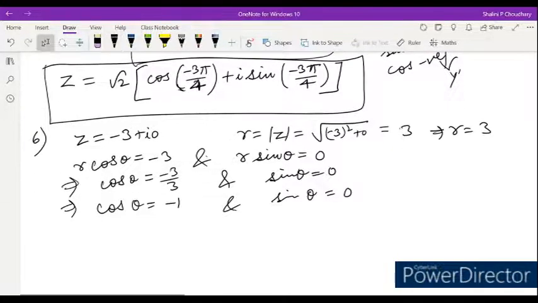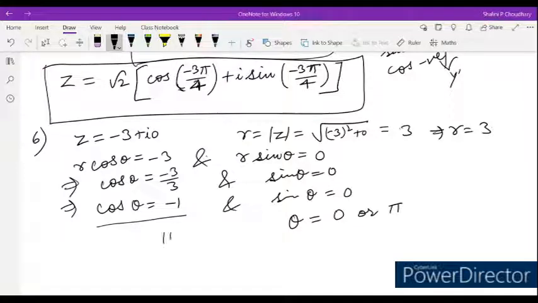So sin 0 is 0 and sin 180 is 0. So for this one, theta will be either 0 or pi, or minus pi. But in case of cos, cos 0 is 1 and cos pi is minus 1. So either it can be minus pi or it can be pi. So we'll choose pi.